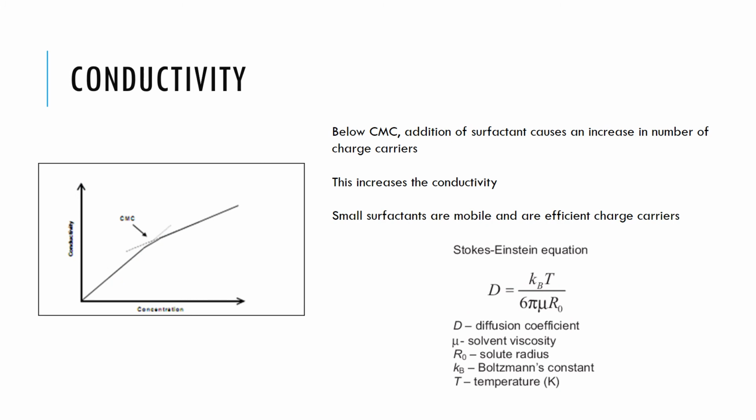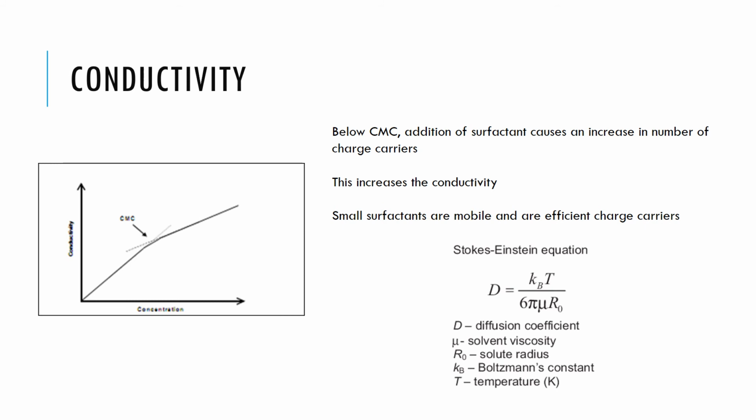What you get then is a plot of conductivity versus concentration. And overall, the addition of more surfactant yields an increase in conductivity. That's because when we're talking about a charged surfactant, we are increasing the number of charge carriers in solution.